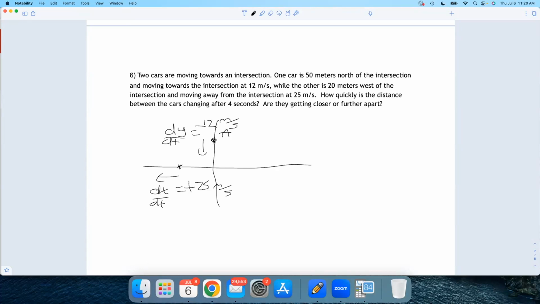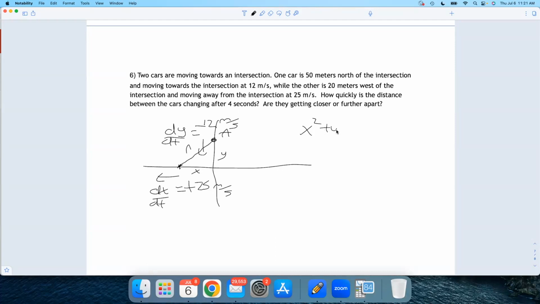Okay, I want to find the distance between these guys. Let's call this, maybe we'll call it R. So if this is X and this is Y, so Y is this guy's distance from the intersection, X is this guy's distance from the intersection. I want R as a function of time because I want to plug in 4 seconds, dr dt. Okay, how do X, Y, and R relate?